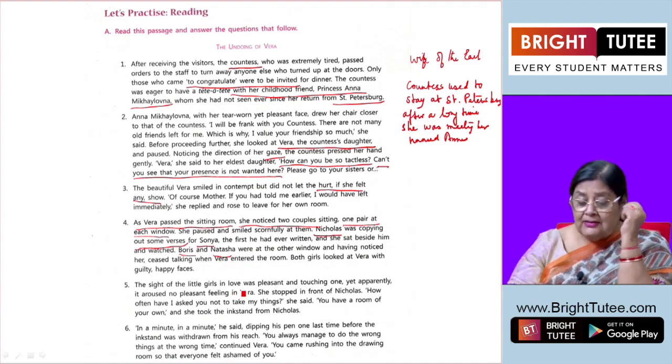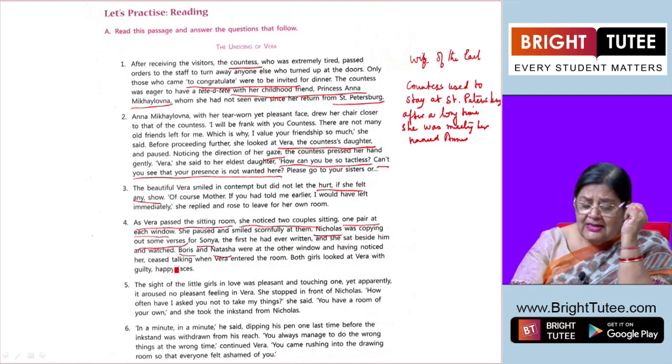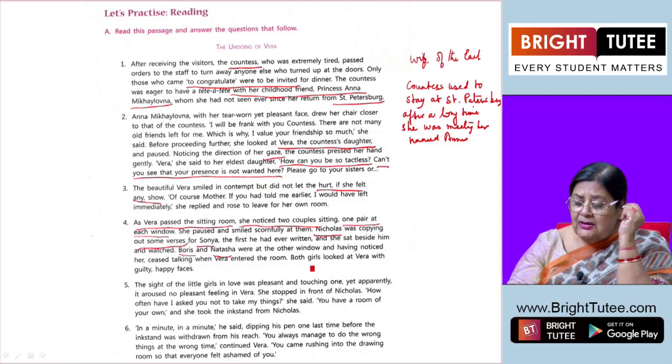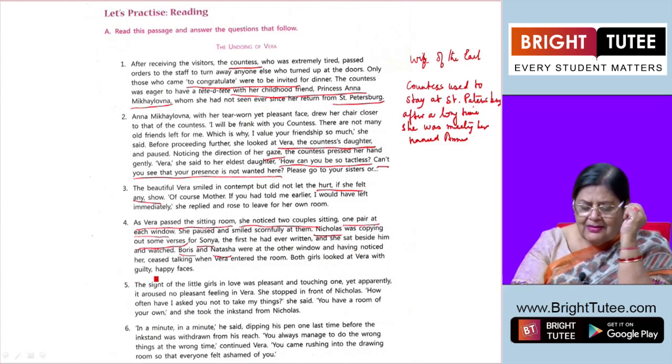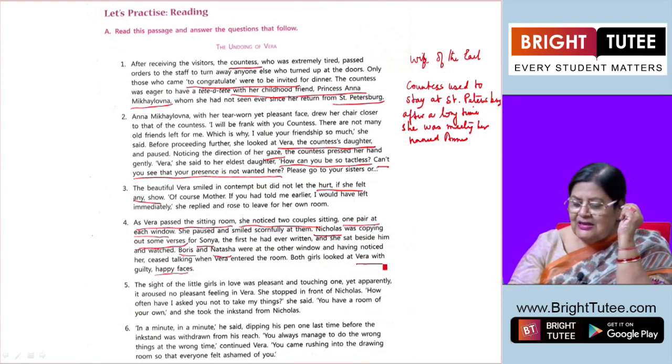Boris and Natasha were at the window. Having noticed her, they ceased talking when Vera entered the room. Both girls looked at Vera with guilty, happy faces. They were happy, but they were feeling a little bit guilty to see Vera.